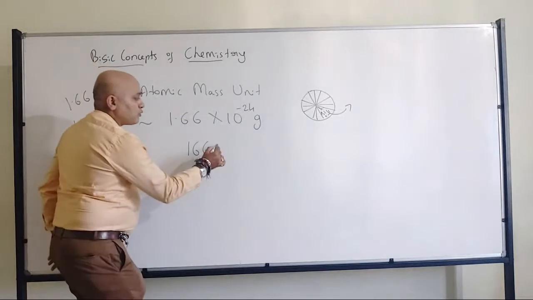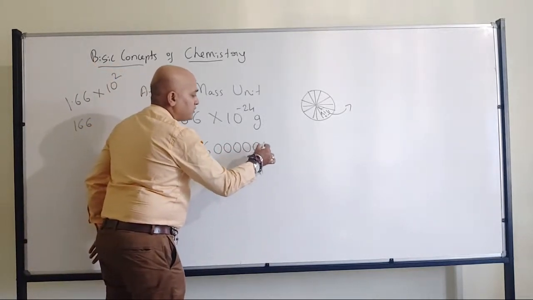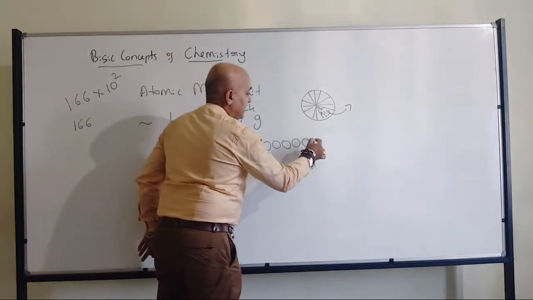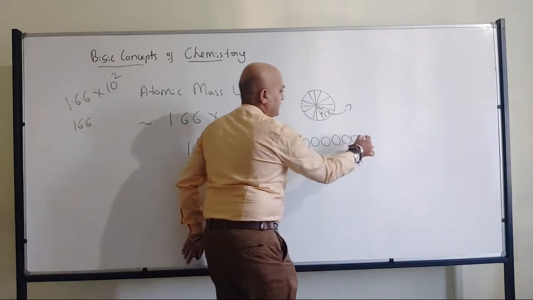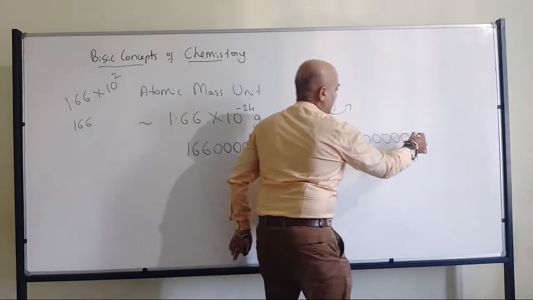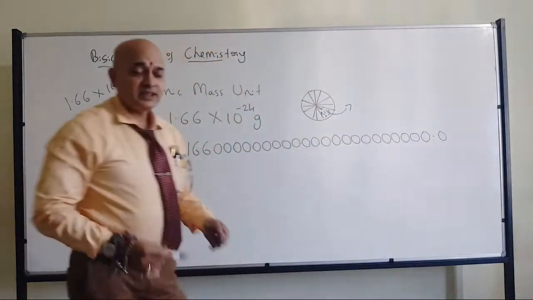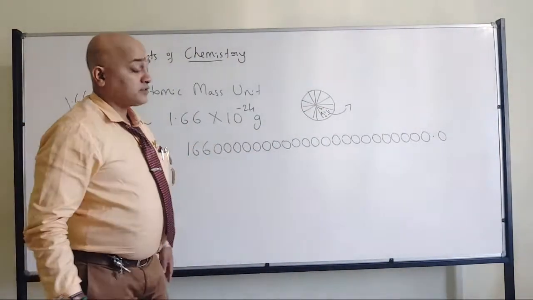So that means 1, 2, 3, 4, 5, 6, 7, 8, 9, 10, 11, 12, 13, 14, 15, 16, 17, 18, 19, 20, 21, 22. So such a large number.